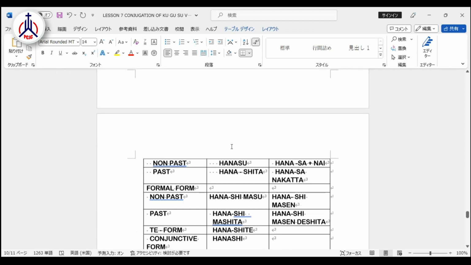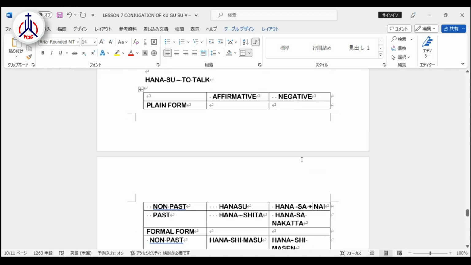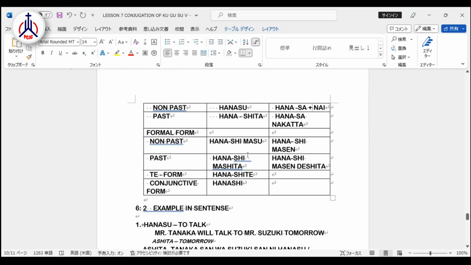And then in the formal affirmative, change the su to shi, becomes hanashimasu. And then in the past, hanashimashita. In the negative form, the formal, hanashimasen.